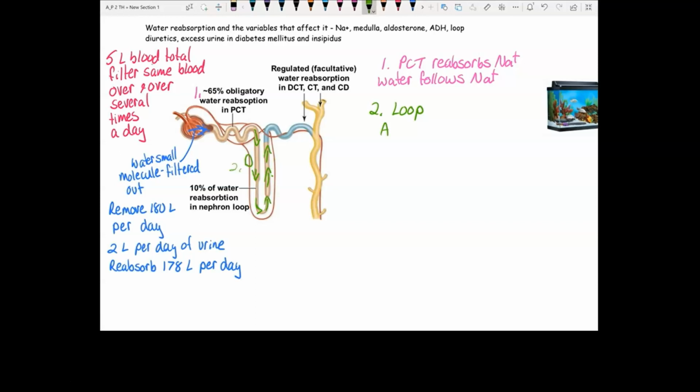This side is the descending limb. This side is the ascending limb. The descending limb is where the fluid is going down. That's why it's called descending. And the ascending limb is where the fluid is going up.